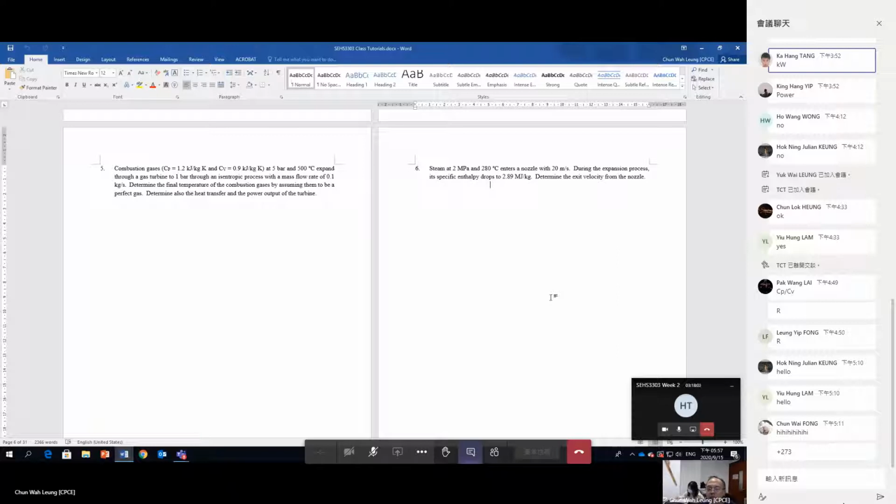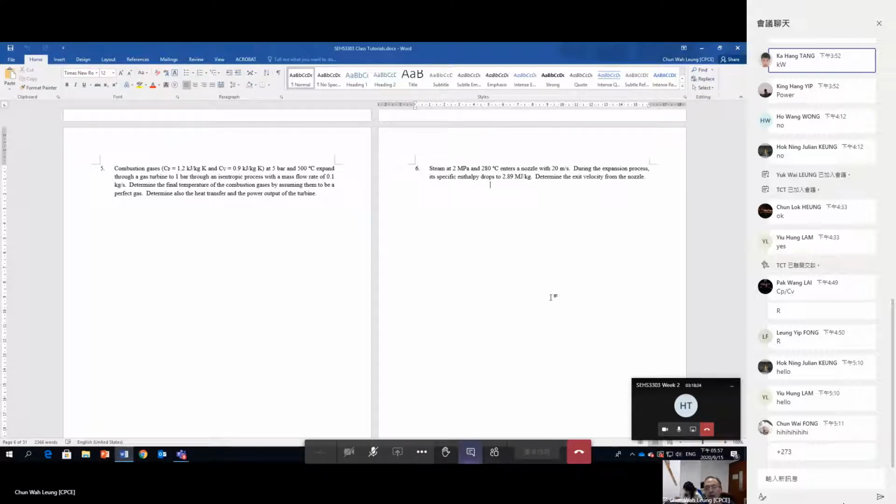Temperature 280 degrees centigrade. Now, steam, it is correct. We should always use degree centigrade for steam. For gas, we should use kilopascal for pressure and absolute temperature K for temperature.